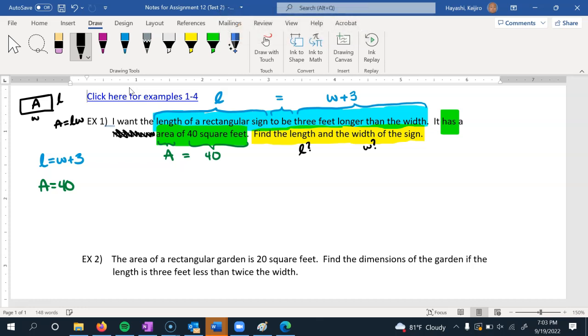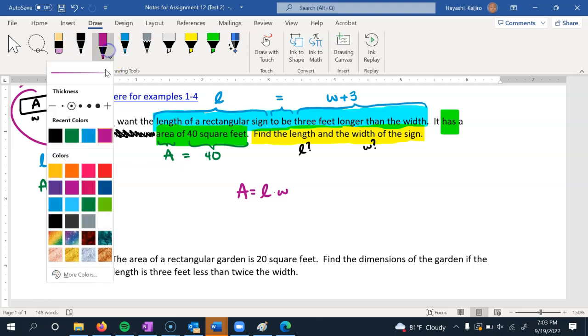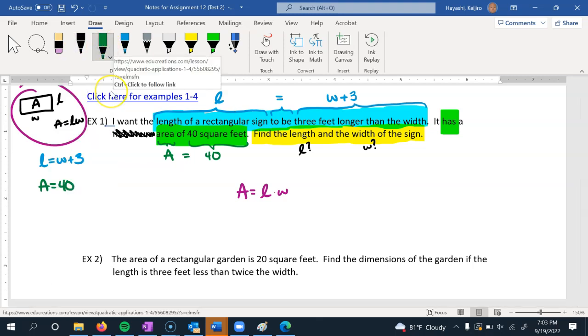That's the formula that we're going to be starting with. So area equals length times width. Now, according to one of the sentences that we translated, what is the area? 40. Okay.